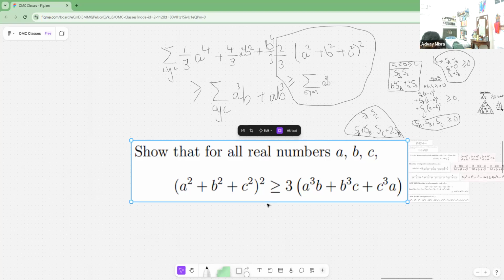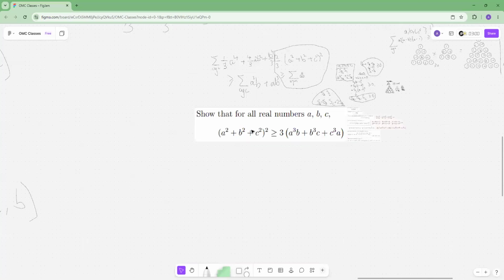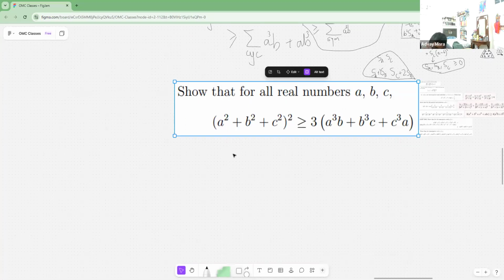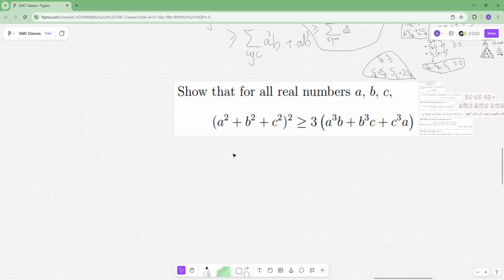This problem is unrelated to what we did today, but I think it's just pretty cool. Isn't that Vasc's inequality? Yes, this is Vasc's inequality. Okay.